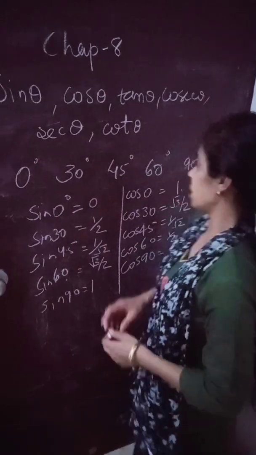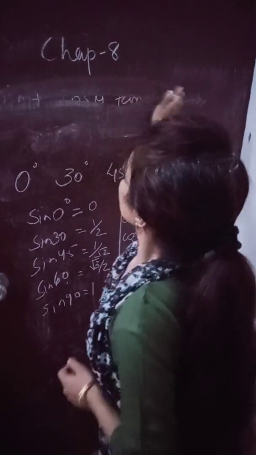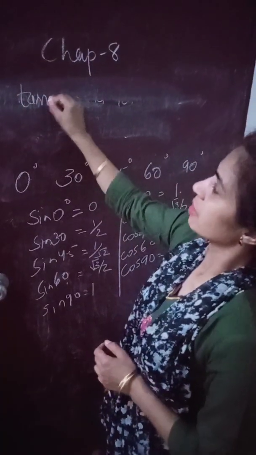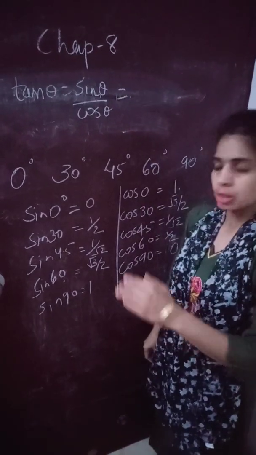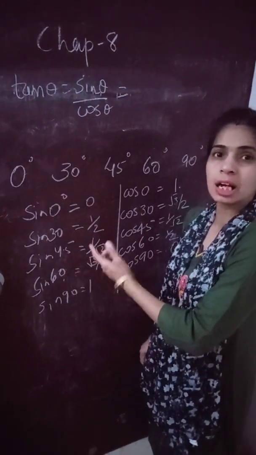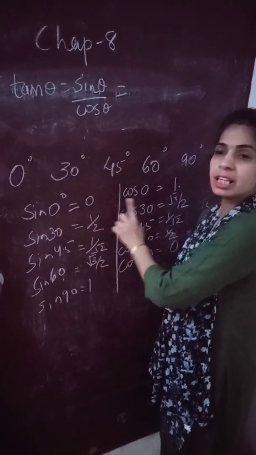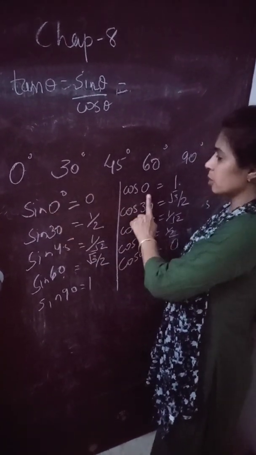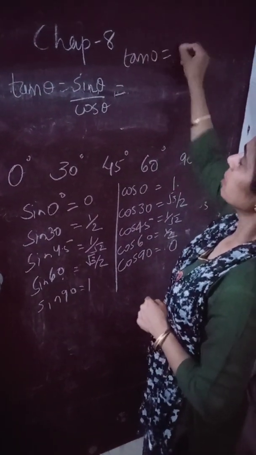But again, now let us talk about the values of tan also. Tan can be calculated. In the previous class, I explained tan theta can be written as sin theta by cos theta. So now I know you must be very clear how to find the values of tan. Tan can be calculated by just dividing these two, sin upon cos. So 0 by 1, tan 0 will become 0.